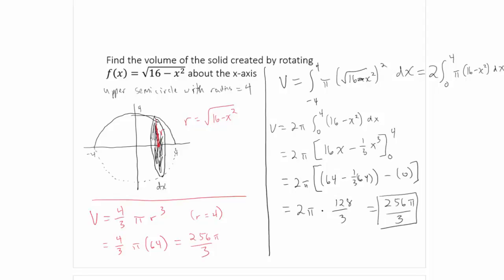Again, I'm just showing you, hey, this method works. This idea of creating disks and adding them up, it does work. Now, of course, most of the examples that we'll see will be examples that we cannot use a simple geometry formula for. So you're going to need to know this idea.